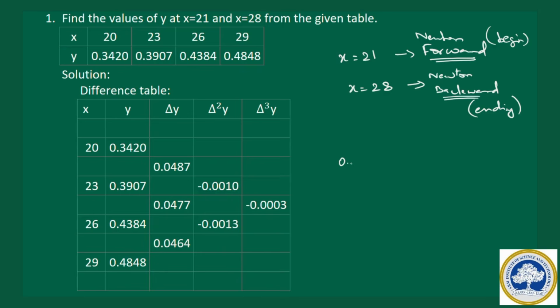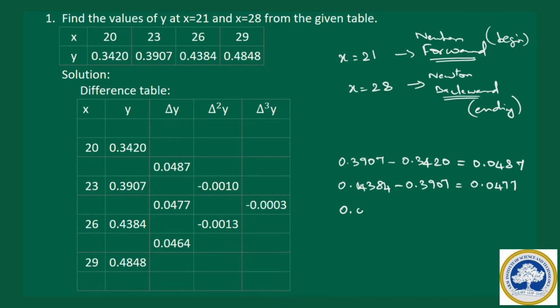That is here 0.3907 minus 0.3420 will give you 0.0487, right? So this is this value. Similarly 0.4384 minus 0.3907 is equal to 0.0477.